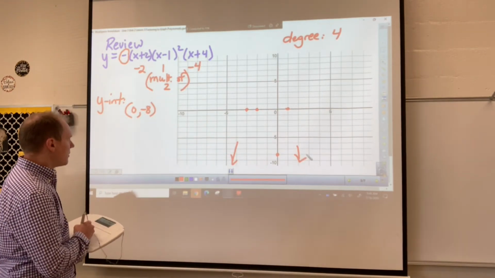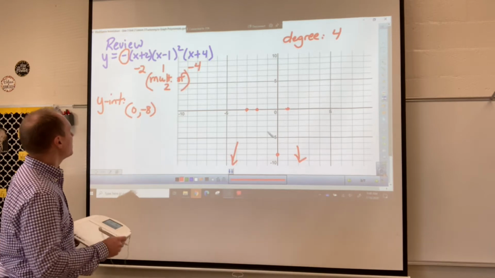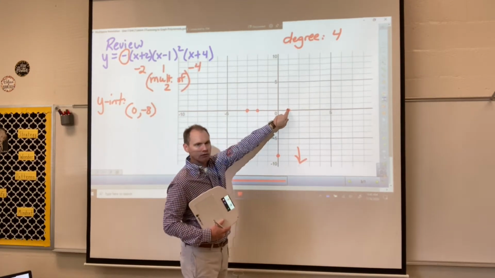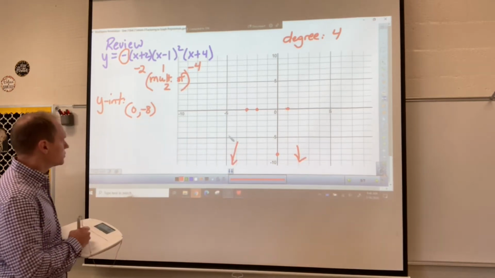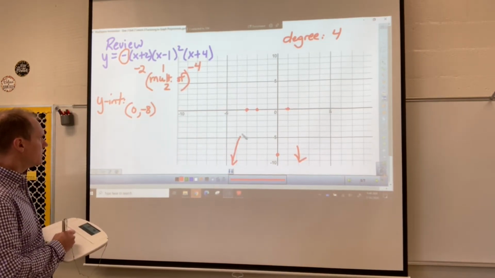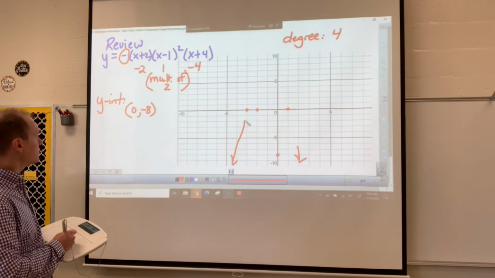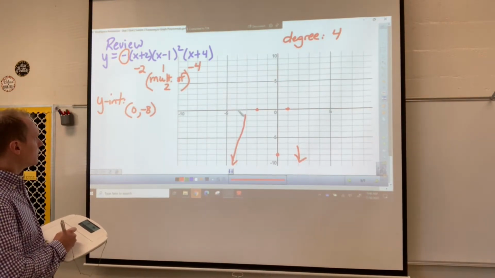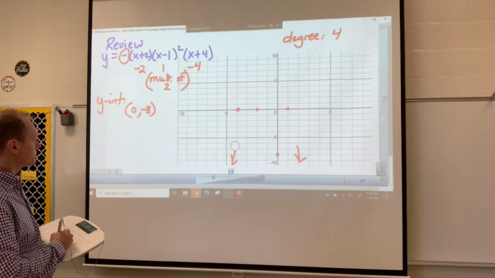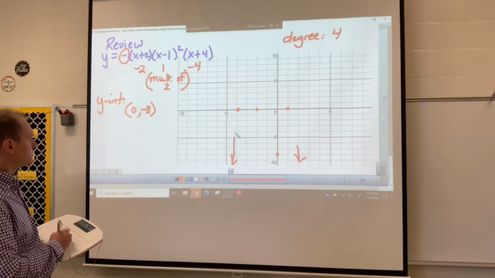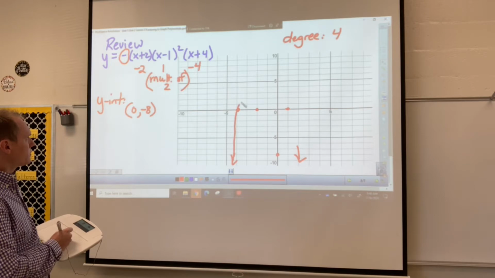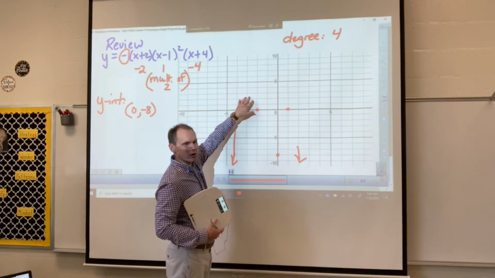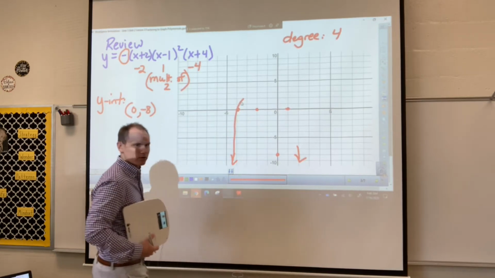Okay, so I'm going to try and connect this as best as I can. Keep in mind we're going to have a bounce right here. It's going to bounce off the x-axis right here. All right, so it's going to go through at negative 4. Actually, I need to move this over one, don't I? Negative 4. It's going to go through there. We don't know how high it goes in between the two, but we just know that it goes up.